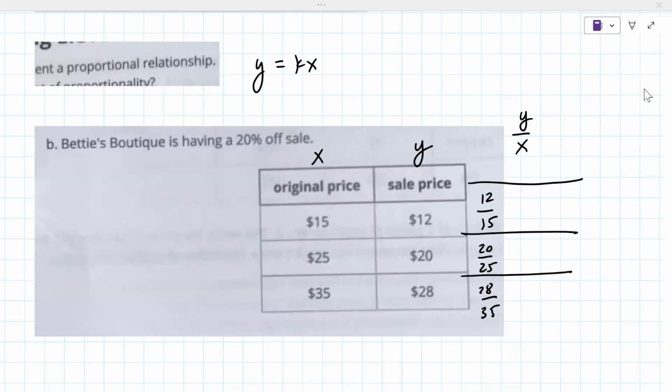All of them are 0.8. They're all 0.8. So when all of these are the same, there is a proportional relationship.